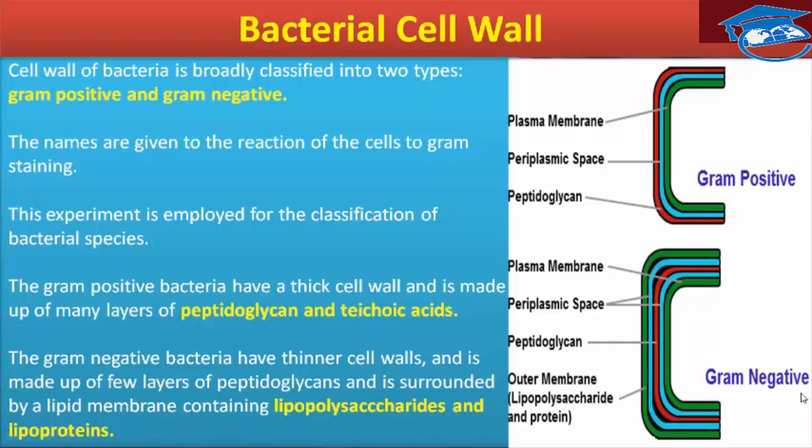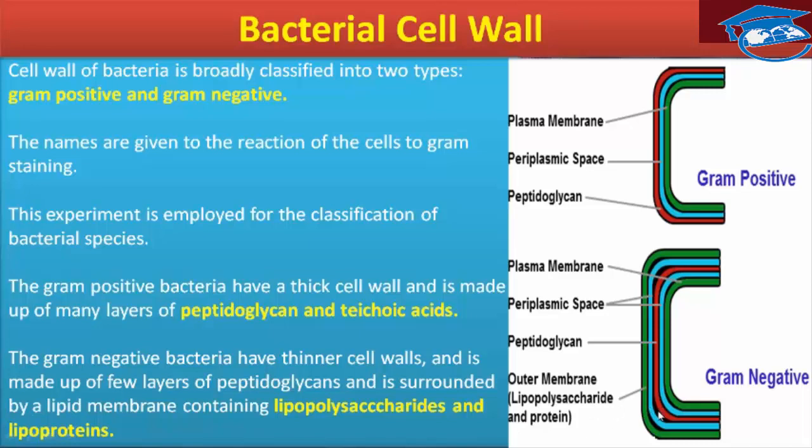We saw that gram positive bacteria have a thick cell wall made up of many layers of peptidoglycan and teichoic acid. And in gram negative bacteria, no teichoic acid is present in the cell wall, only peptidoglycan, and it is surrounded by a lipid membrane, which we call the outer membrane, and that consists of lipopolysaccharides and protein.